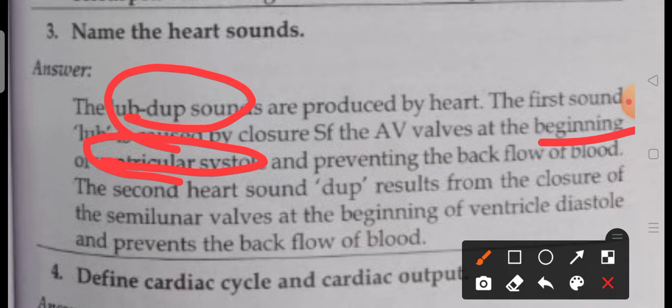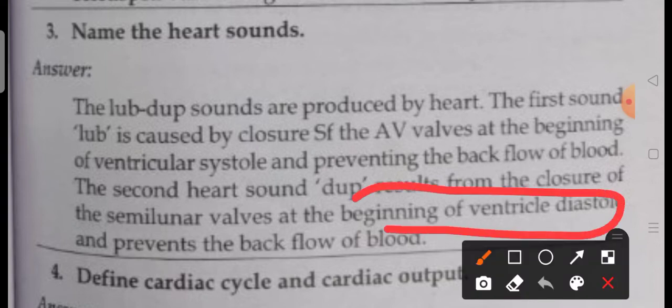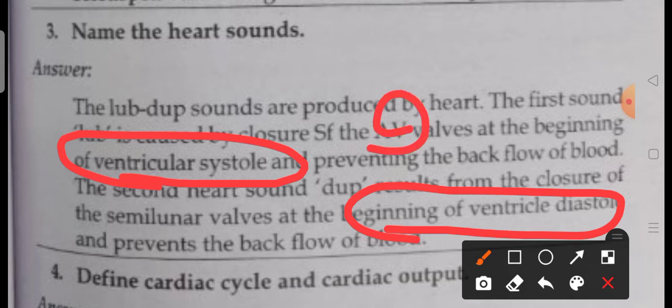It results from the closure of the semilunar valves at the beginning of ventricular diastole. It also prevents the backflow of blood. So keep in mind: the beginning of ventricular diastole is the dub, whereas the beginning of ventricular systole is the lub, with closure of the AV valves. Here the atrioventricular valves, there the semilunar valves.